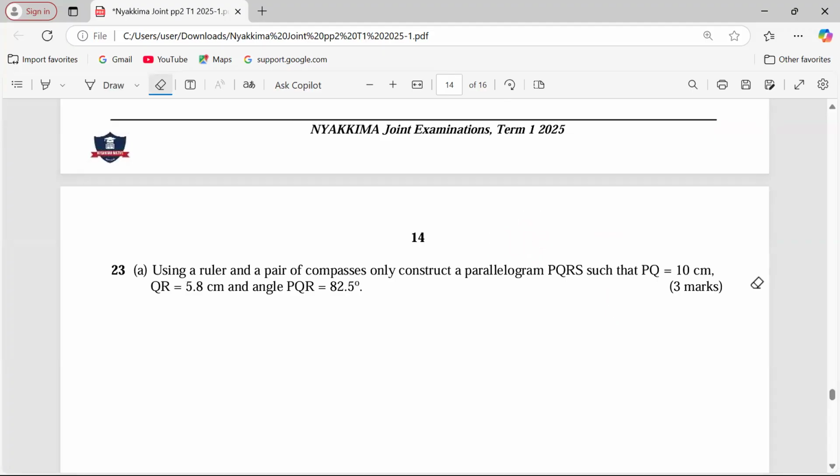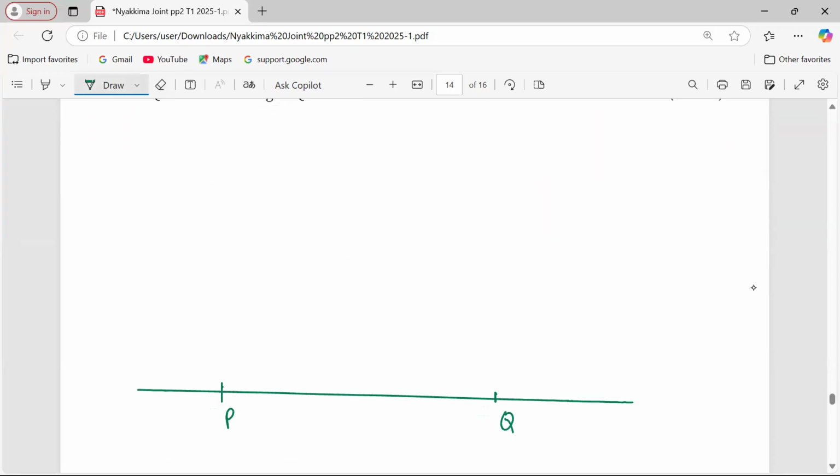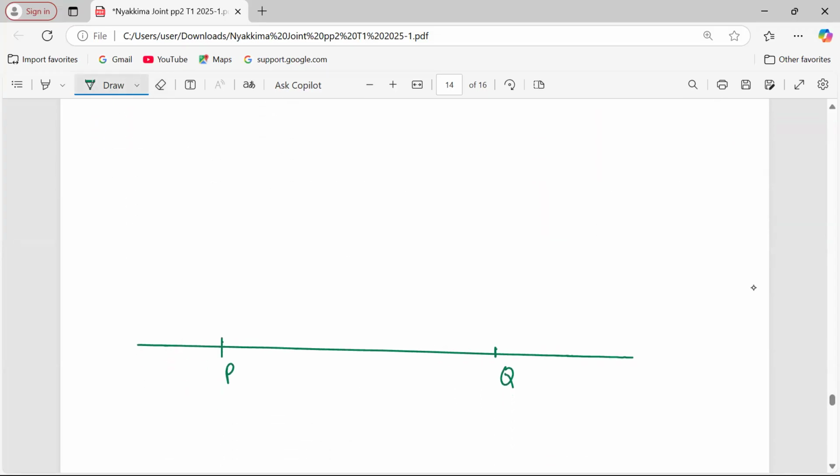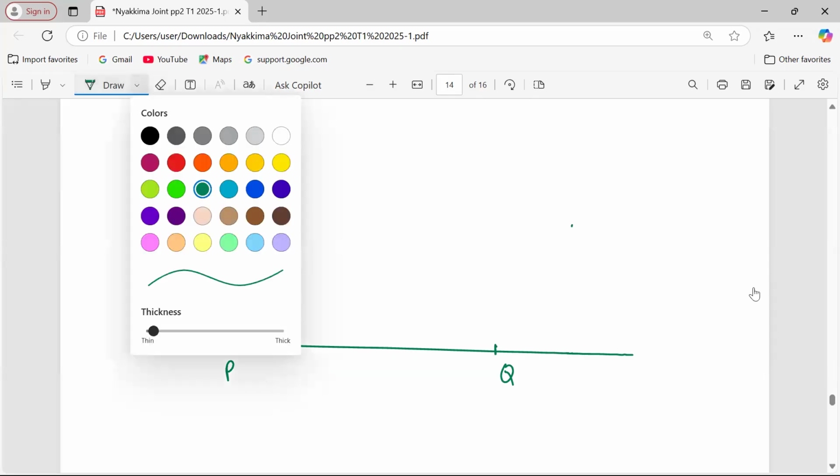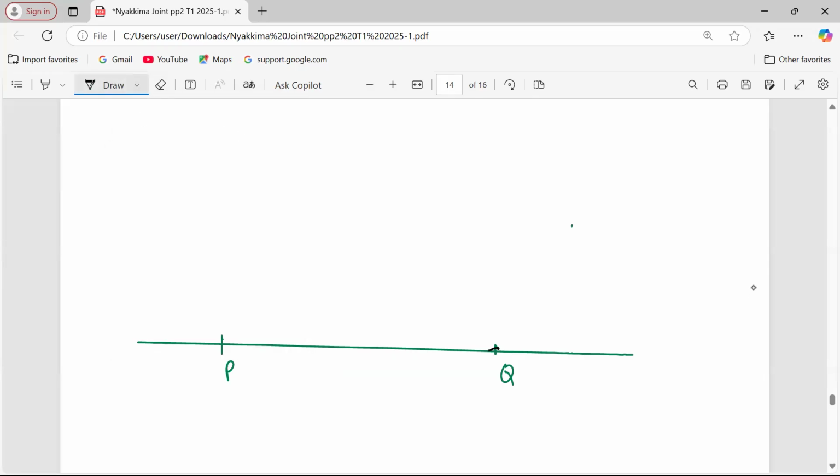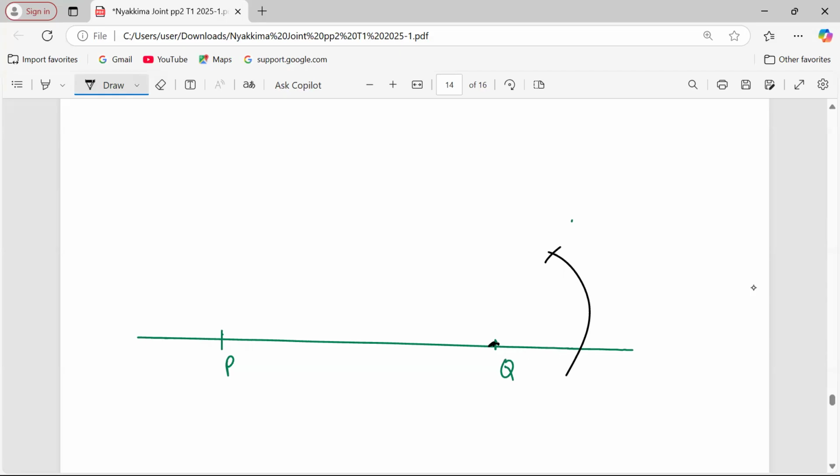So now we get to the construction of 15 first. We begin with the 60. So to construct 60 without a protractor, you stand at Q and you make an arc. Then standing on that arc, you cut the first arc on the upper side. This is going to give us 60 degrees.